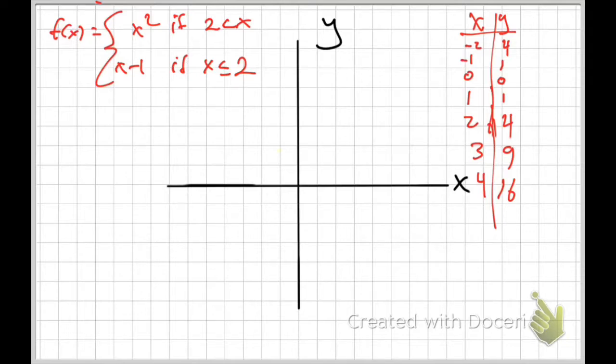But since I'm only using the values when x is greater than 2, I'm only going to be using everything greater than 2. So I'll start with this value here. I'm going to go 2, 1, 2, 3, 4. But I'm going to use an open circle because it does not include 2.